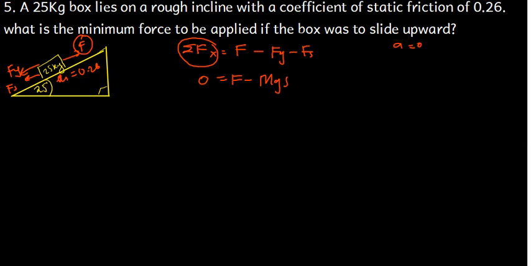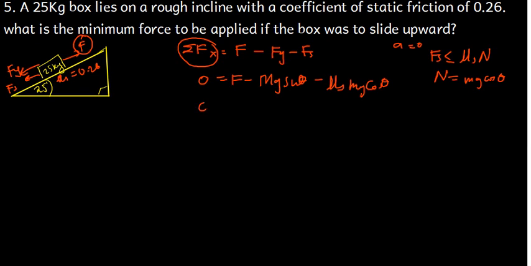given by mg sine theta. And then Fs, static friction, is always less than or equal to mu s times normal force, so we are going to put mu s there. Now the normal force for something that is on an incline like this is given by mg cos theta, so we're going to put mg cos theta there.